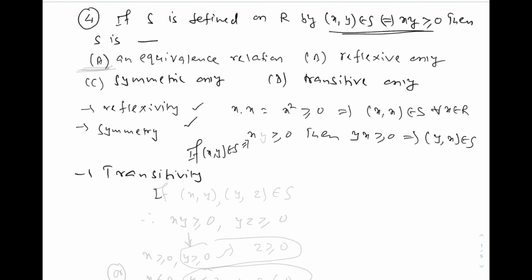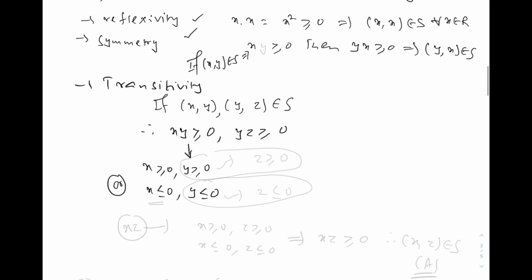So in transitivity, if xy and yz belong to S, therefore xy is greater than or equal to 0, yz is greater than or equal to 0. Now xy greater than or equal to 0 happens when x is greater than or equal to 0 and y is greater than or equal to 0, or x is less than or equal to 0 and y is less than or equal to 0.